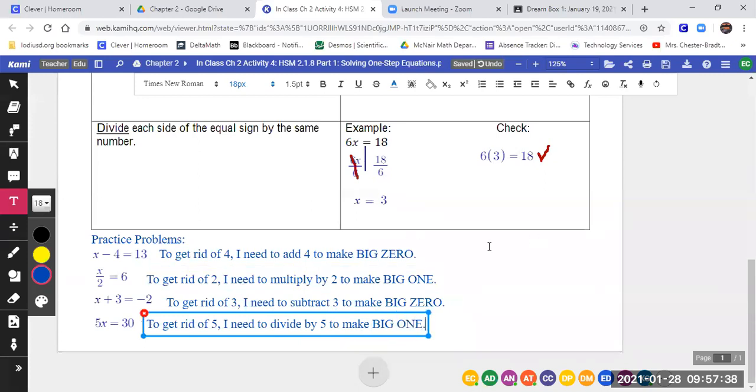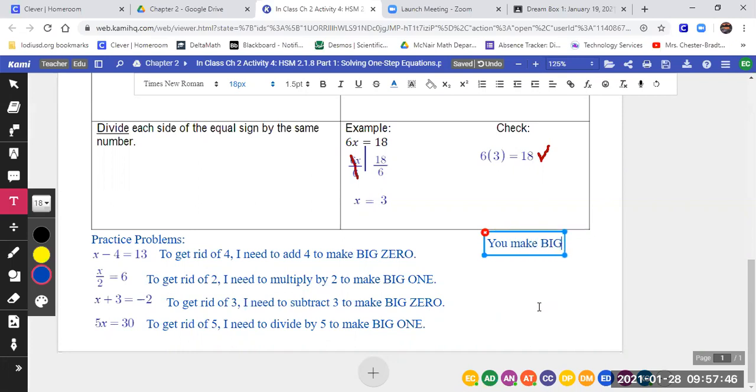Okay, so reminder, make big 0 for add and subtract. You make big 1 for multiply and divide.